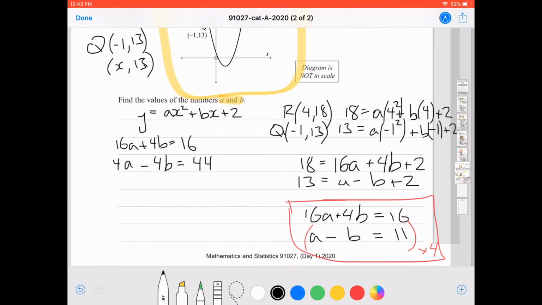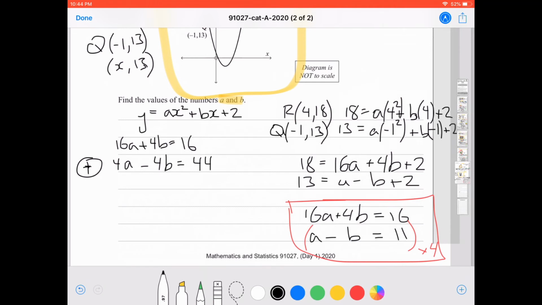Now, looking at it, possibly it would have been better to divide our first equation by 4, for example. No worry, we can still move forward with what we're doing. We've got 4b and negative 4b, and so we're going to be adding our equations.